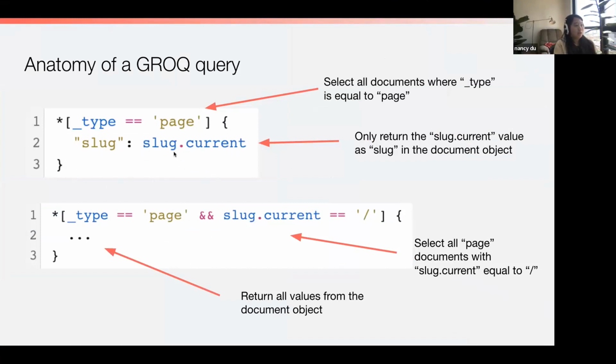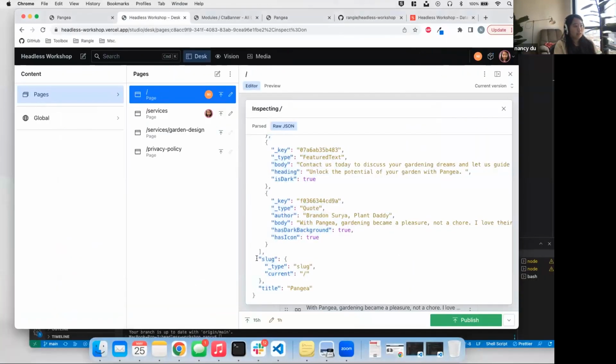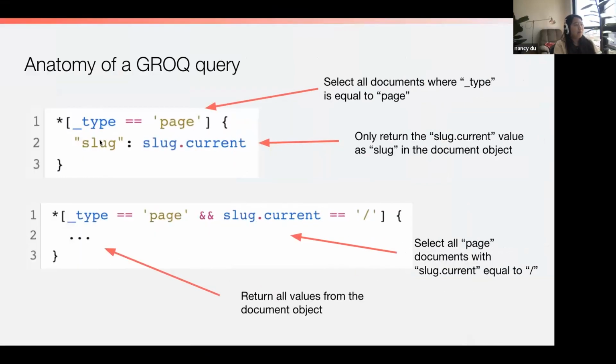We can also change the shape of it. Even though this is a slug object containing the type and the URL, if we just want to simplify the structure of this to just return our URL as a flat string, we can do that by assigning slug.current to our slug type.